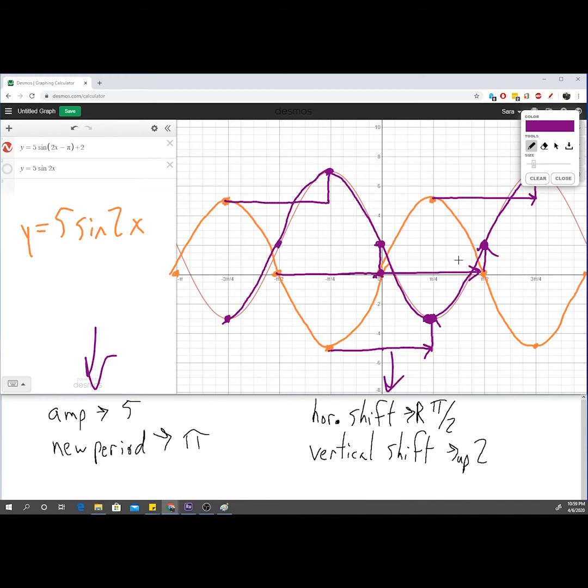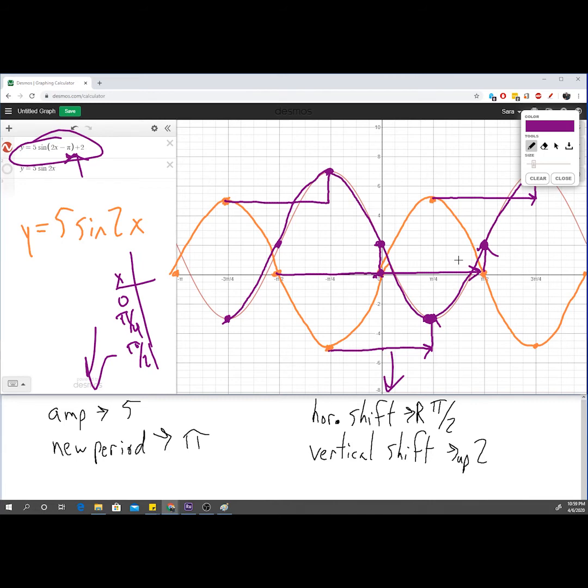You could, of course, absolutely make a table and say, okay, I'm going to try x equals 0, pi over 4, pi over 2, etc., plug them into your original equation, and graph your points that way. No doubt, absolutely. If you feel more comfortable doing that, please go ahead.